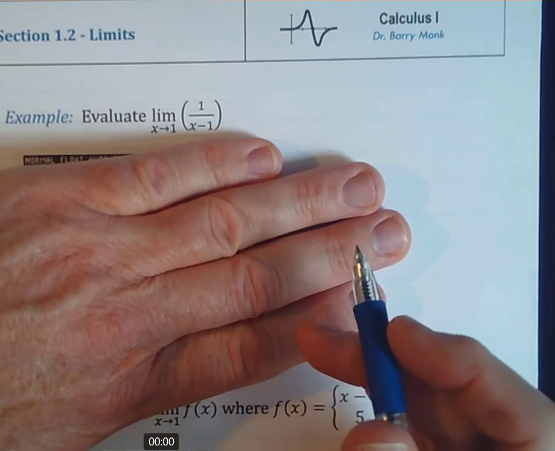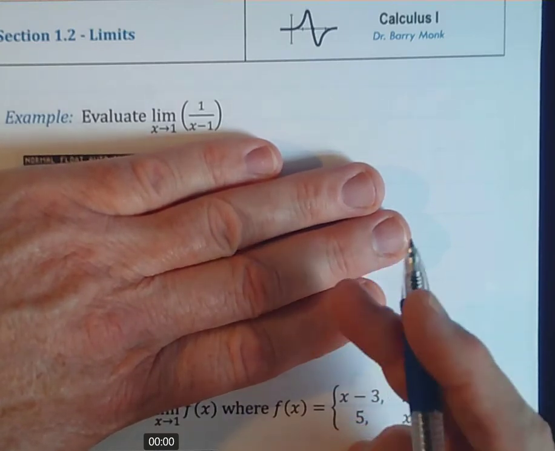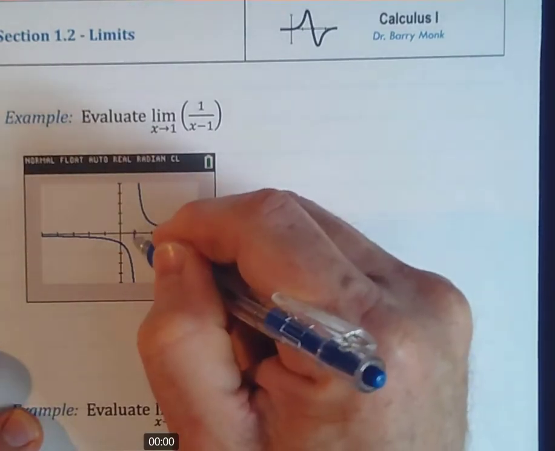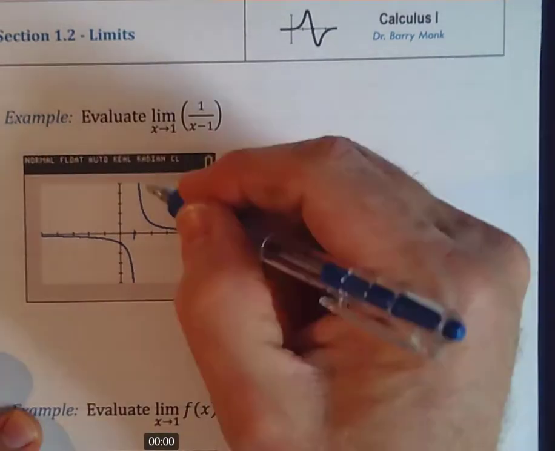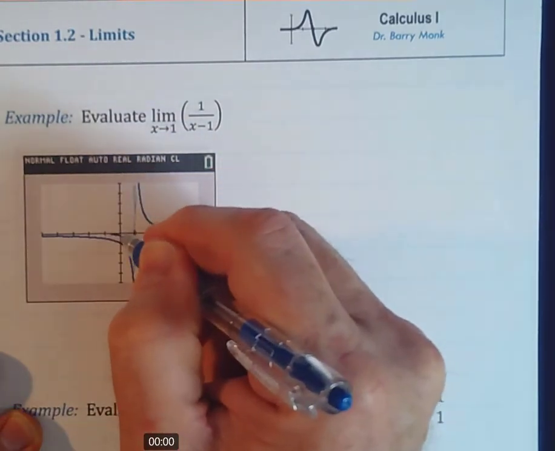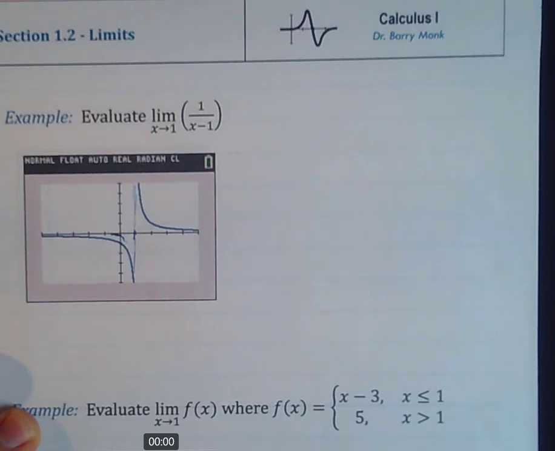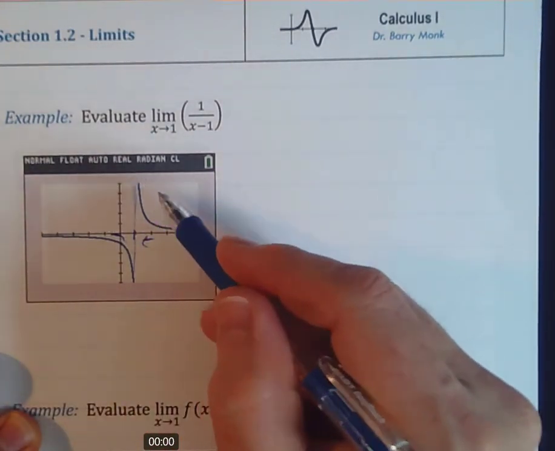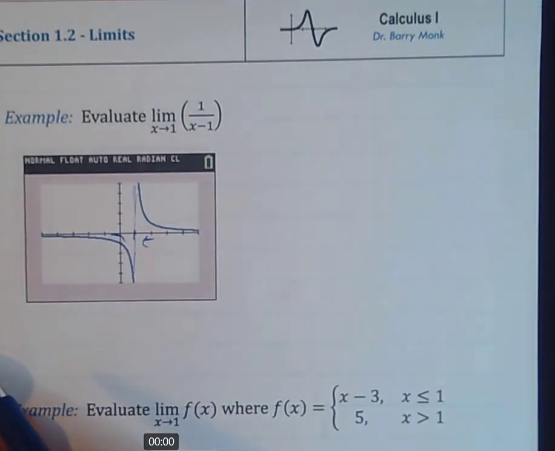So let's take a look at the graph and see if maybe we can get somewhere from there. Here's x equals 1, and if I'm approaching 1 coming from the left, I can see that this thing is heading down towards negative infinity. And if I'm approaching 1 coming from the right, then the y values here are heading up towards positive infinity.